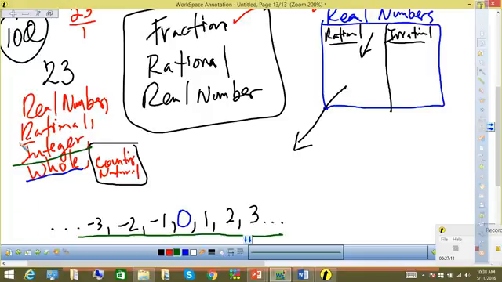And the next one, rational number, is any number that can be expressed as a fraction. Could all these be expressed like fractions? Yes. What others can be expressed like fractions? 0.25. Can we express 0.25 as a fraction? Yeah, it's 1/4, right? And any other fraction, 3/4, 1/2, all those, including these, are known as rational numbers.